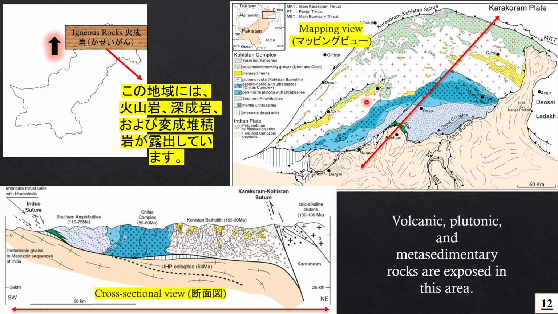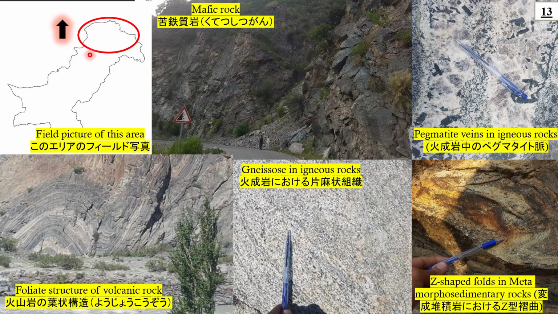It's a cross-sectional view of the Kohistan Arc, where various rocks such as ultramafics, basalt, amphibolites and volcano-sedimentary rocks are exposed in the north of Pakistan. These are field pictures of different igneous and metamorphic rocks of North Pakistan. For example, a pegmatite vein, and this is Z-type folding.